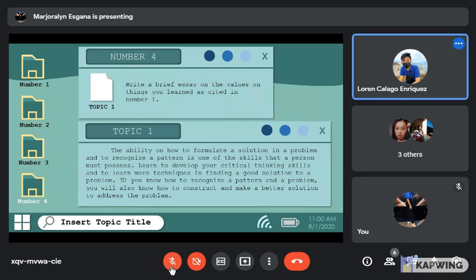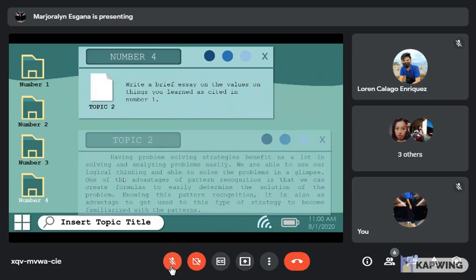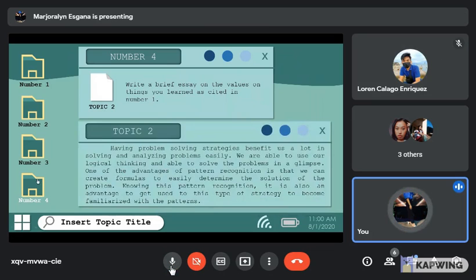If you know how to recognize a pattern in a problem, you will also know how to construct a better solution to address the problem. Having problem solving strategies benefits us a lot in solving and analyzing problems easily. We are able to use our logical thinking and solve problems in a glimpse.